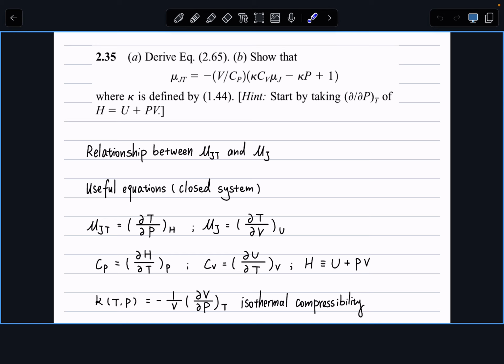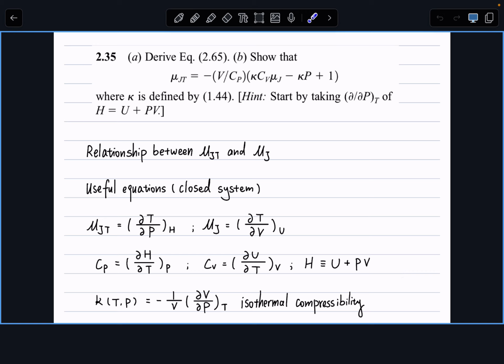And let's see how we use our knowledge to approach these kind of derivation problems. So I listed several things that we discussed, basically the definitions of coefficients and terms. We have the definition of mu JT and mu J, the Joule-Thomson coefficient and the Joule coefficient. We have the definition of heat capacity, isobaric heat capacity Cp, and isochoric heat capacity Cv.